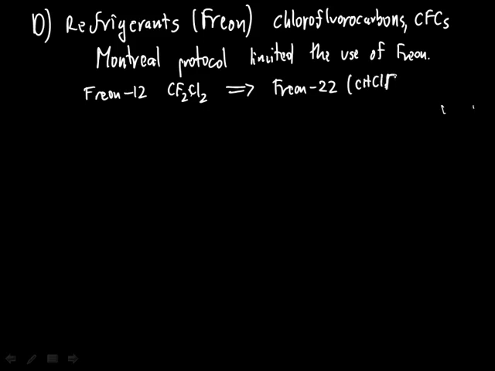And those freons which do have hydrogen atoms supposedly get destroyed in the atmosphere before they reach the stratosphere where all the ozone is, and therefore are not damaging to the ozone.